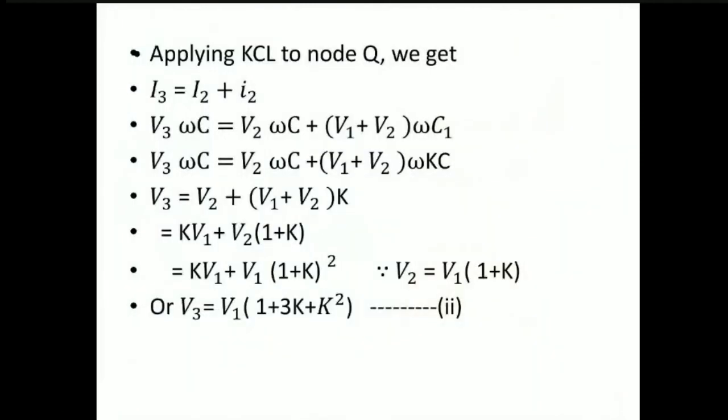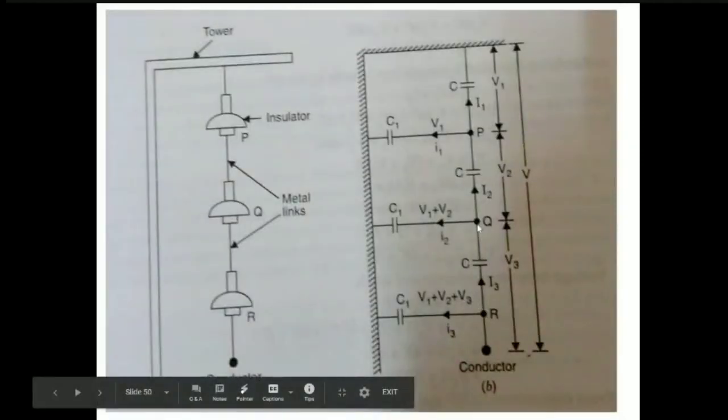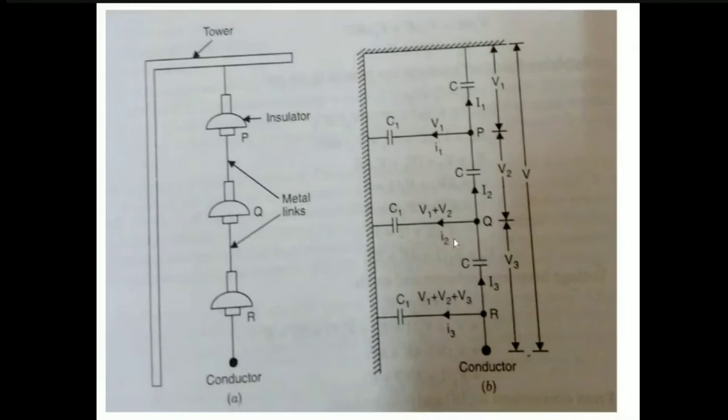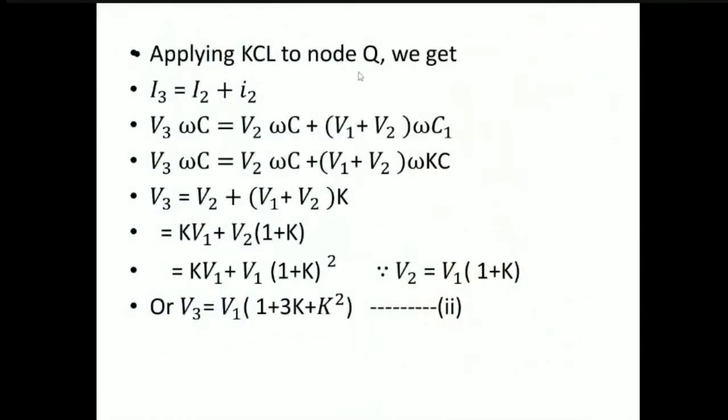Now, consider node Q. We can see I3 is an incoming current, capital I2 is an outgoing current, and small i2 is also an outgoing current. Capital I2 flows through C, I3 is also flowing through C, small i2 is flowing through C1. Applying KCL to node Q, we get I3 equal to I2 plus small i2. In terms of voltage divided by capacitive reactance, this will be V3 omega C equal to V2 omega C plus (V1 plus V2) omega C1.